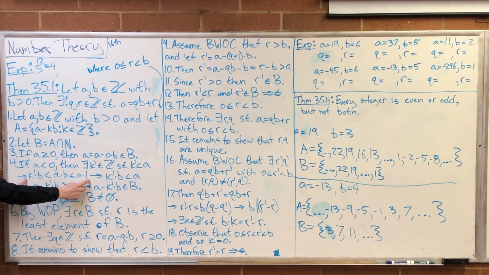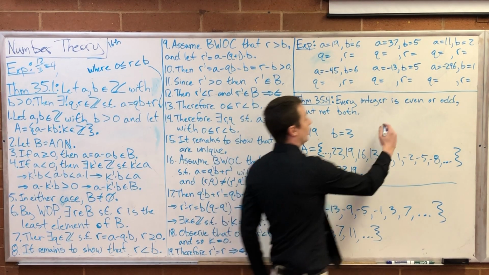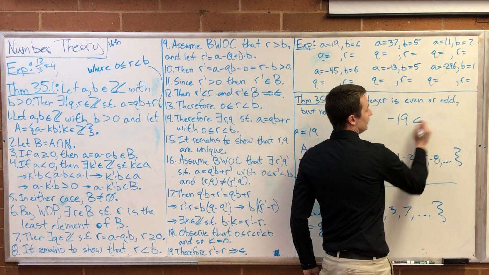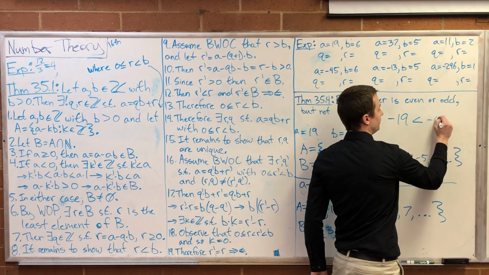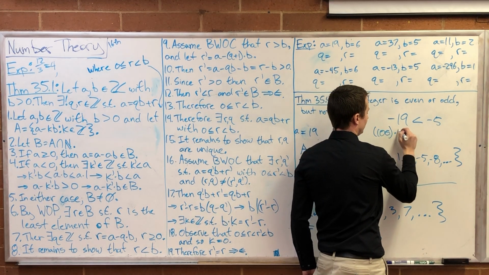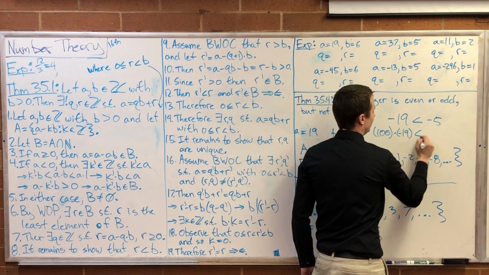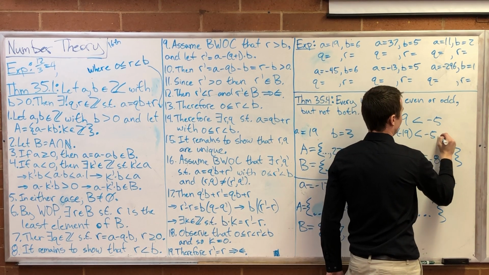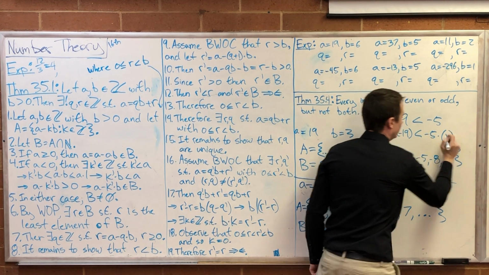So wait, you're saying if you multiply a negative number by a positive number, it makes it larger than... It makes it more negative. It makes it less than. If negative 19 is less than negative 5, then I know that 100 times negative 19 is less than negative 5 times a number smaller than that, 1.